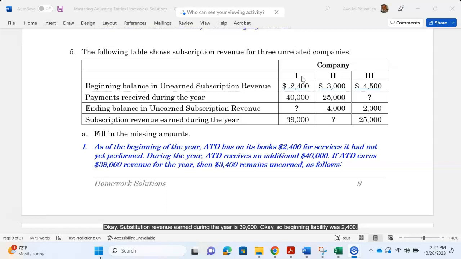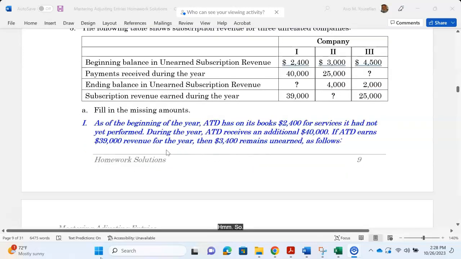Okay, so beginning liability was $2,400 plus you received $40,000. That's another liability because you have to finish the job. So the total liability will be $42,400. Earned revenue at the end is 39. So 42,400 minus 39. That will be the unearned revenue balance at the end of the year.